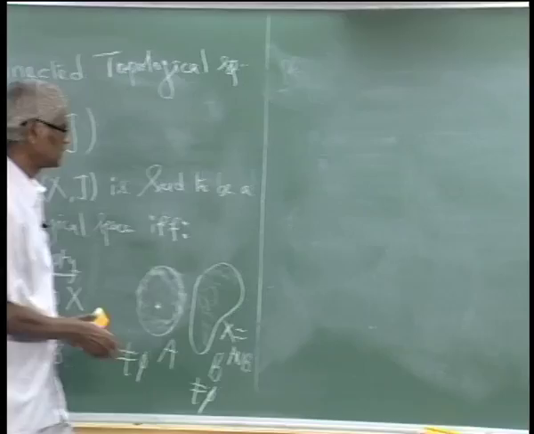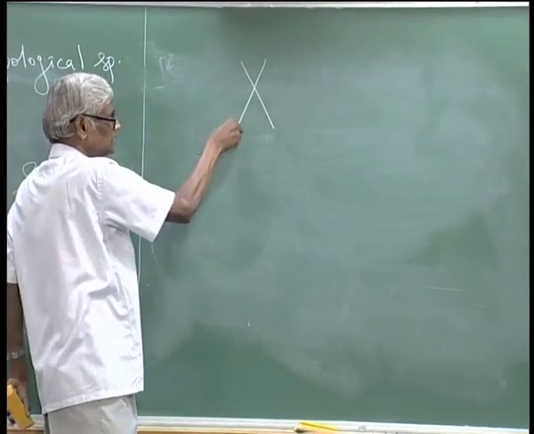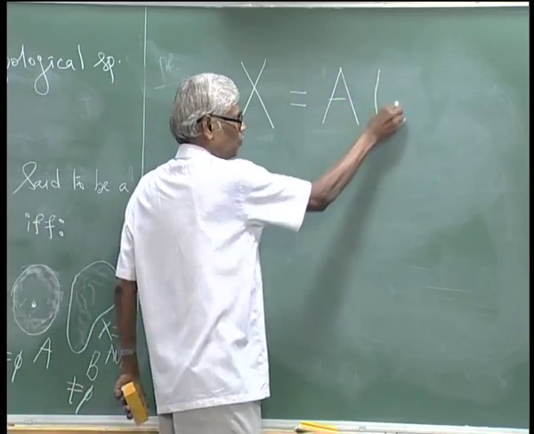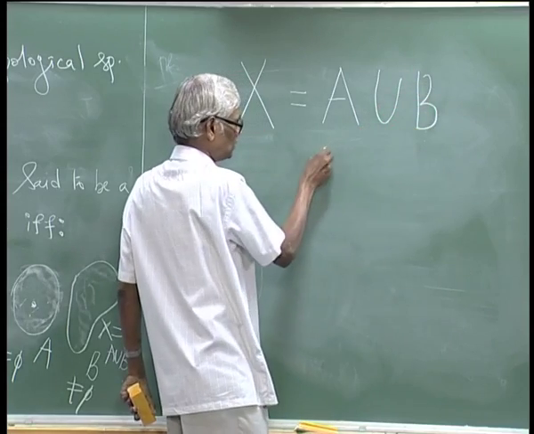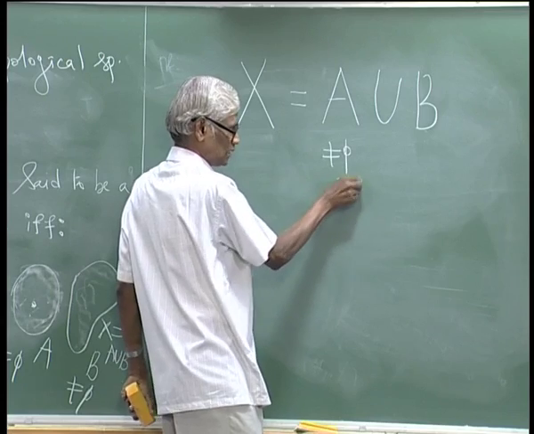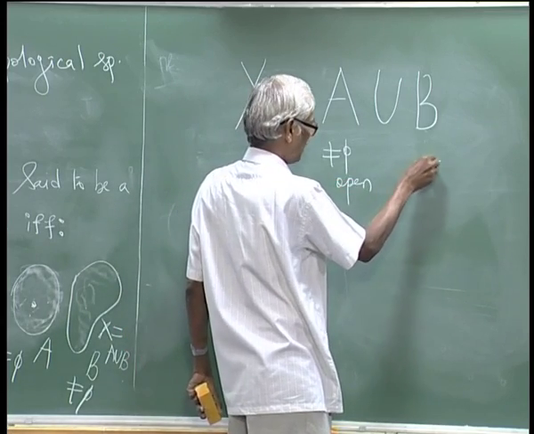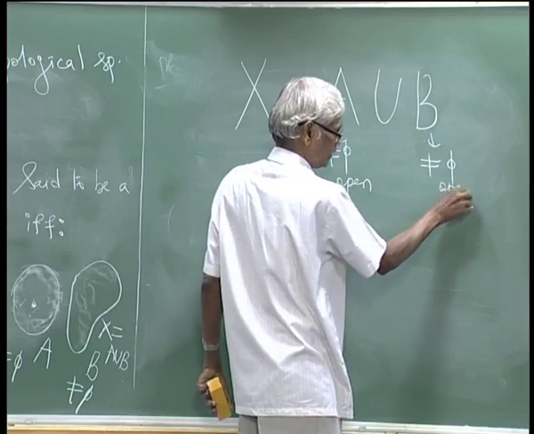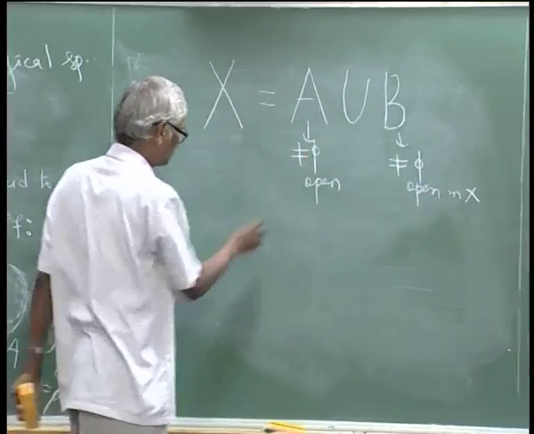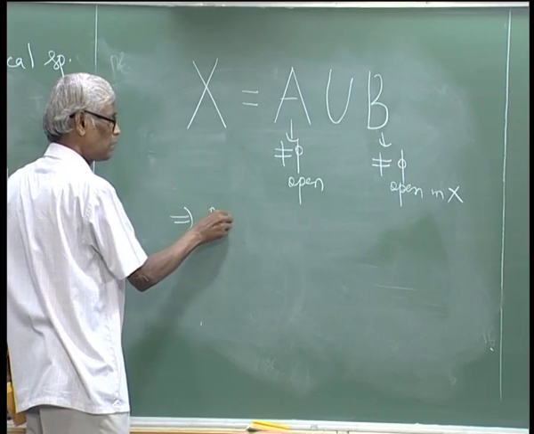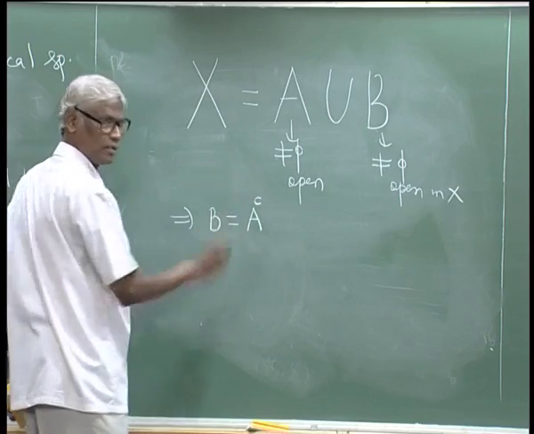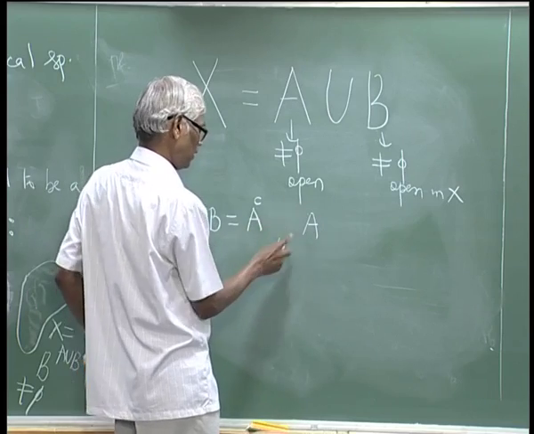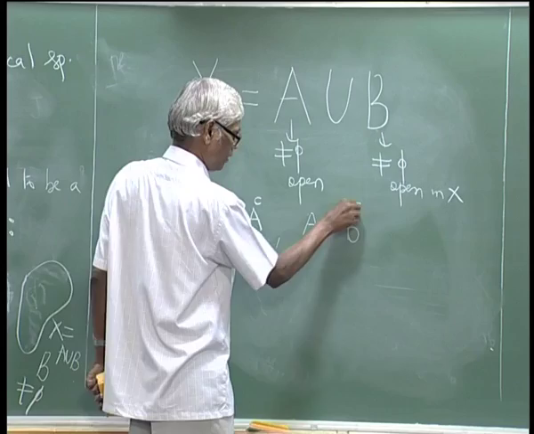In fact, when we say that X is disconnected, we are able to write X as A union B, where A is a non-empty open set in X and B is a non-empty open set in X. Hence this will imply that one is the complement of the other: B equals A complement and A equals B complement.